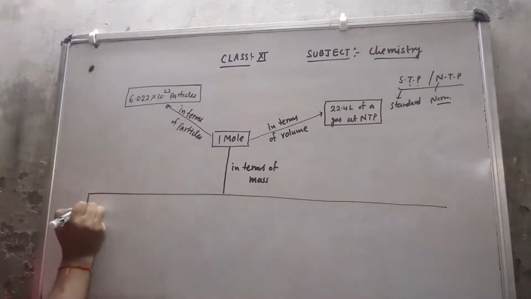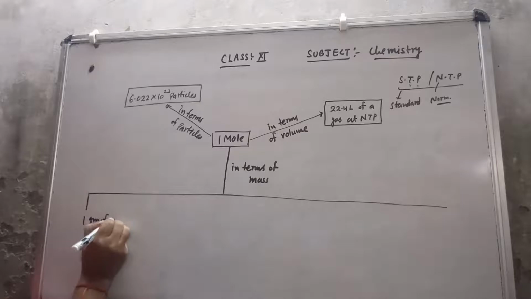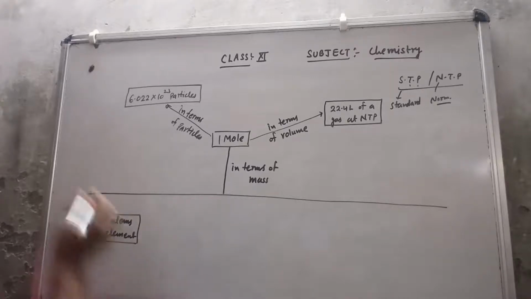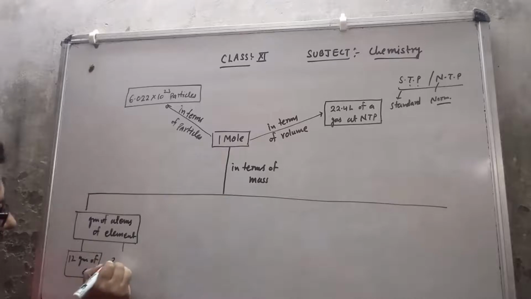If it is 1 gram atom of an element, that can be of an atom, then the examples are 12 gram of carbon, because carbon's mass is 12 gram, and 23 gram of sodium, because sodium one atom is equal to 23 gram.